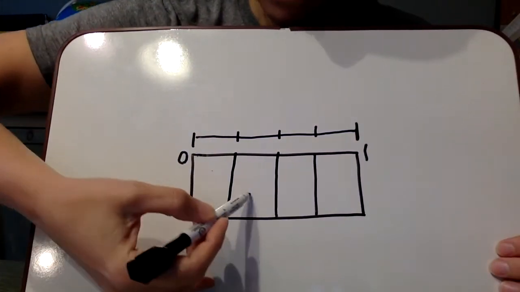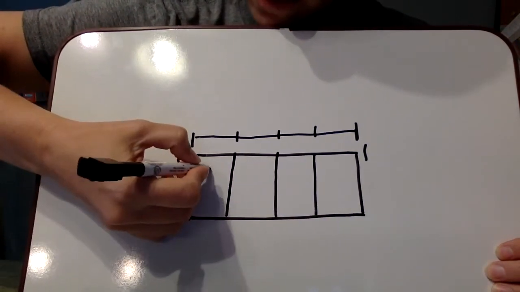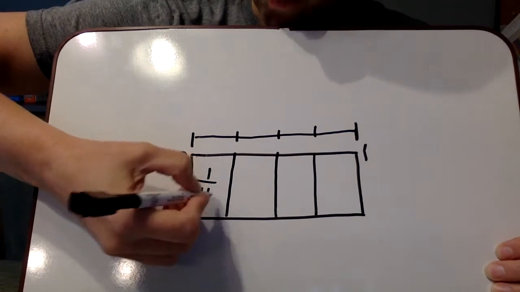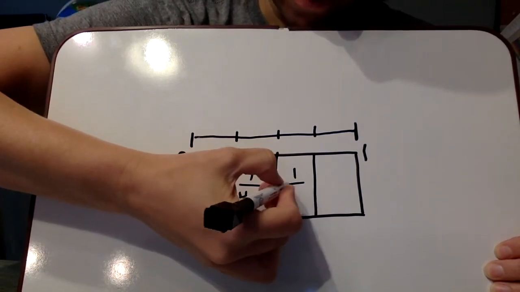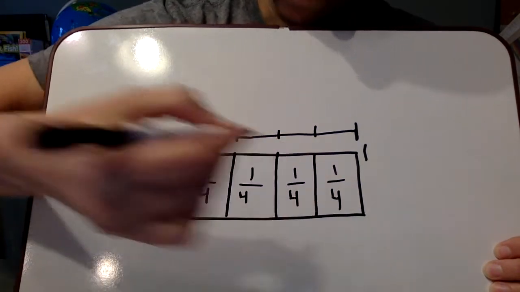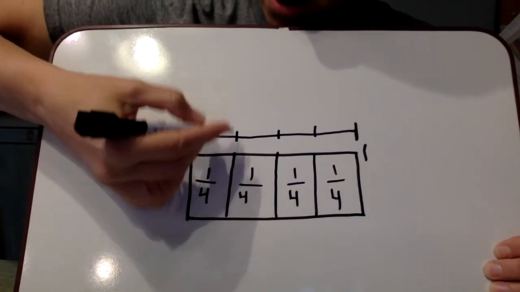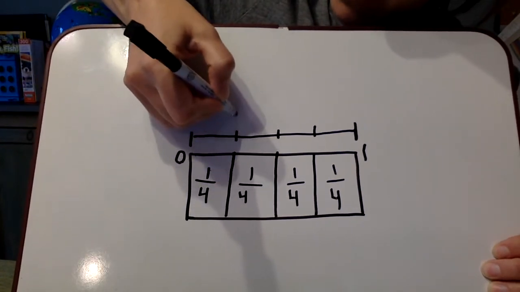So if I look at this model, I have 4 equal pieces, which means each of these represents 1/4 of my model. Well, that same mark there would represent 1/4 on my number line.